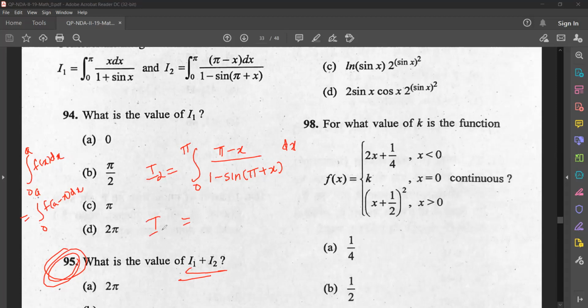So I can write it as integral 0 to pi. In the place of x, you have to put pi minus x. So pi minus pi will go, we will get x by 1 minus sine pi plus x.